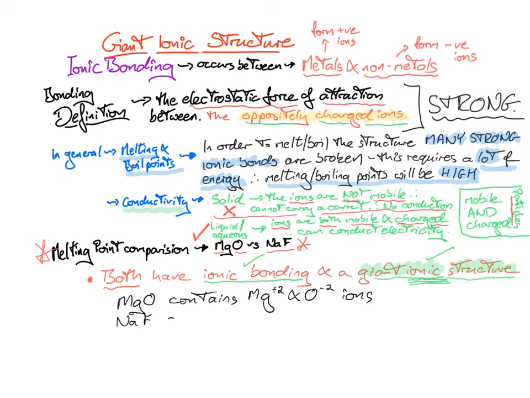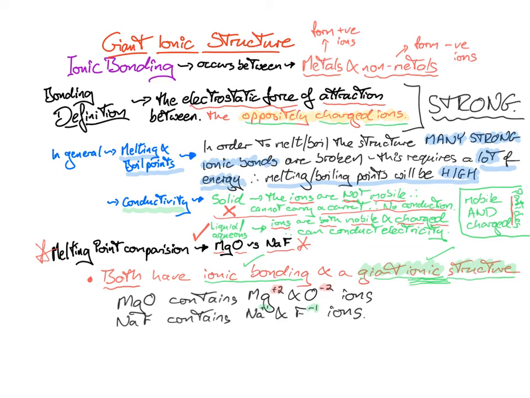NaF contains Na+ and F- ions. If we have bigger charges, we will have a stronger attraction between the particles. If we have lower charges, we will have a lower attraction between the particles.